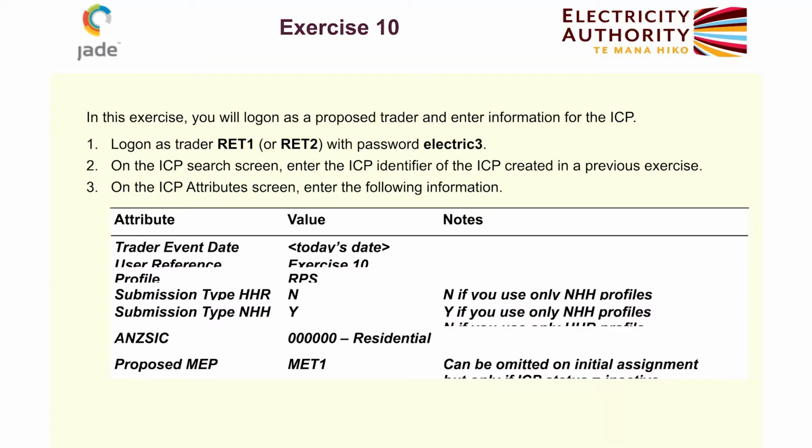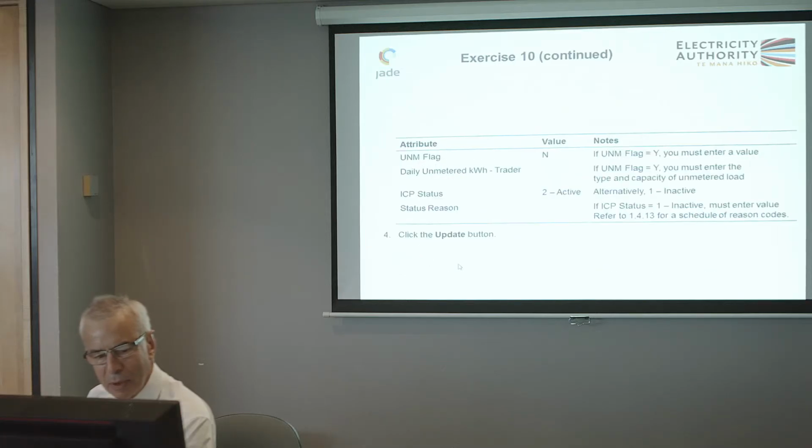Okay, so Exercise 10 is to log on as the appropriate trader, Ret1 or Ret2, with a password, and then search for your ICP, go into the ICP attribute screen and enter these values, and click the update button, and that should go ahead successfully.